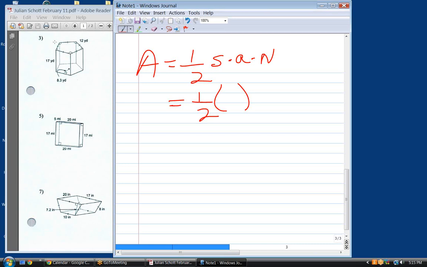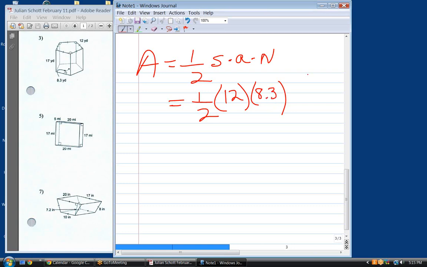It's a regular pentagon, meaning all sides are the same, and it's telling you they're 12. That's S. What's A? The apothem. What is it in this case? 8.3. Yeah, from that diagram, they're drawing from the center of the pentagon perpendicularly to one of the sides. That's how you measure the apothem.